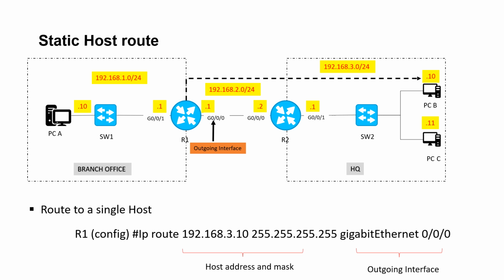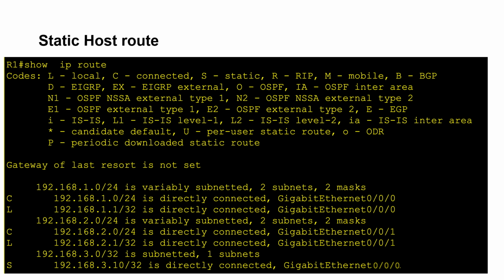Then you can use either the outgoing interface or next hop. Here I have used the outgoing interface. You can verify the static host route by issuing the same command, show ip route, where you have the static route defined with code S, and you can use either the outgoing interface or next hop IP address, as I said earlier.